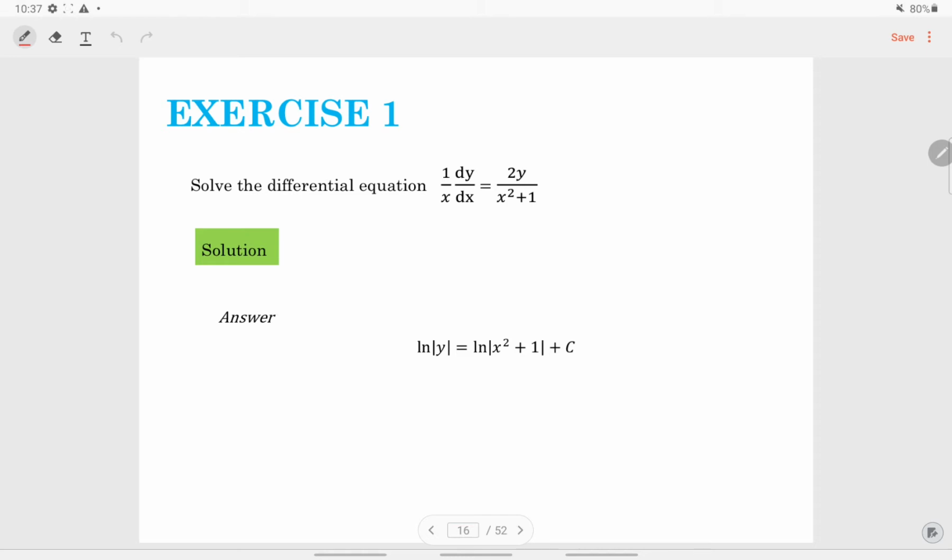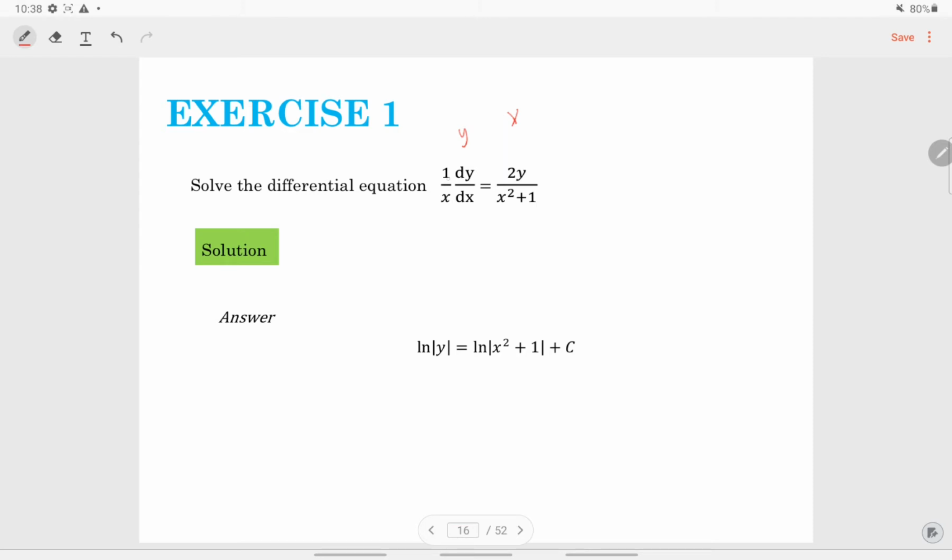In exercise 1, we need to solve the differential equation. Okay, you can solve this one. Still remember to separate the variables: y must be on the left hand side and x must be on the right hand side, right?